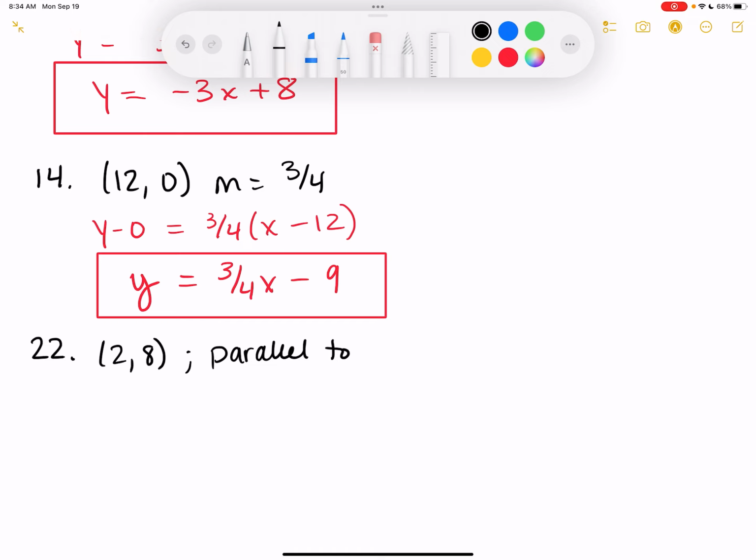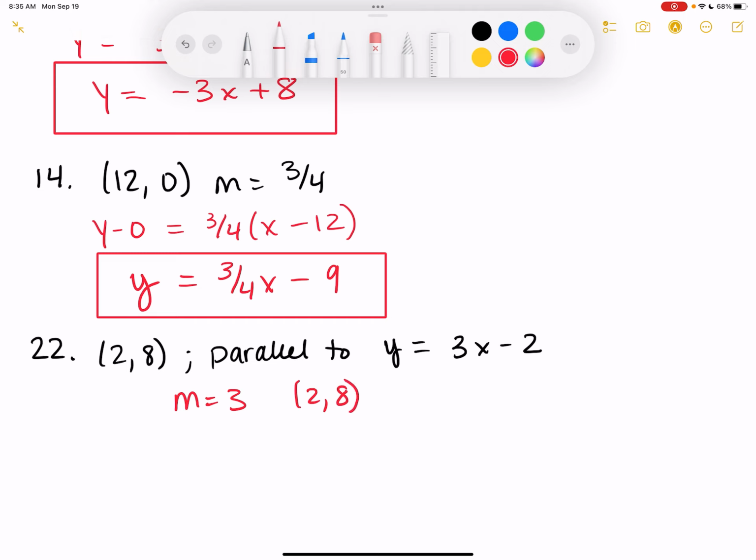Parallel to y equals 3x minus 2. So what is the slope then for my new line, parallel to this one? What is my slope of this line? 3. Okay, so 3. So if it's parallel, what is the slope? 3. So my slope is going to be 3, and I use the point 2,8.